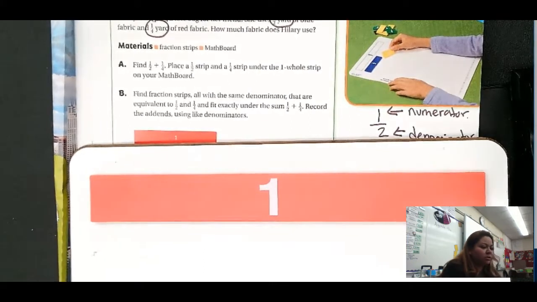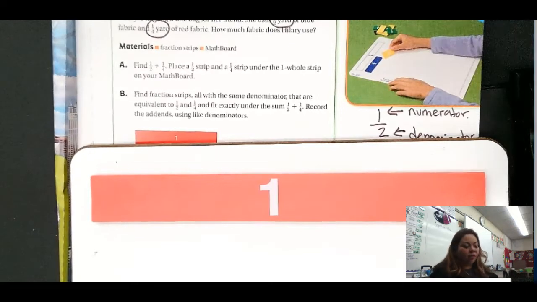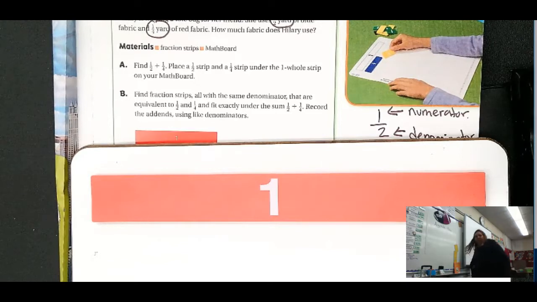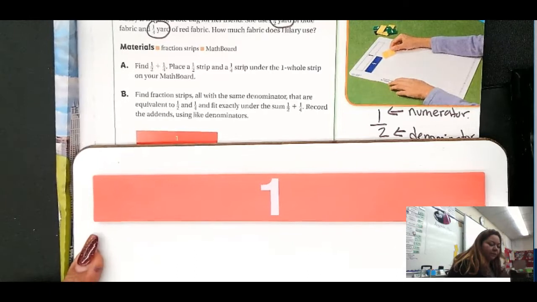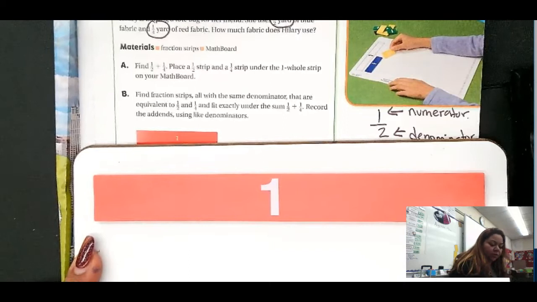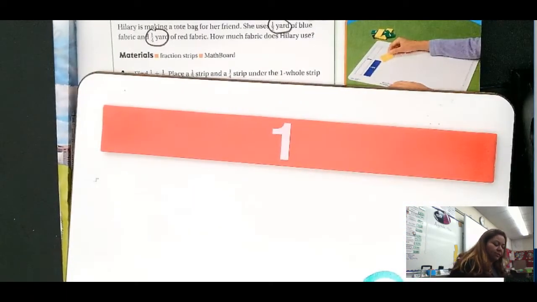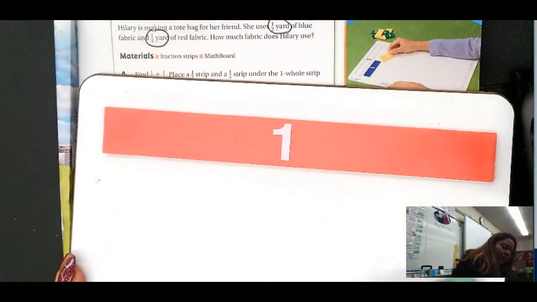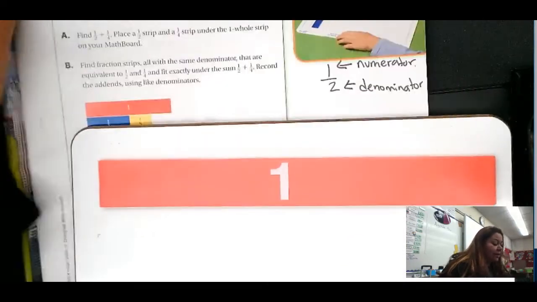So just so that we are reviewing, remember that if we want to show 1 in fraction form, if we were doing fractions with a denominator of 2, then 2/2, oops, you did not see that. 2/2 is the same thing as 1. That's just a quick reference, but we're just going to explore with the manipulatives today and add fractions.